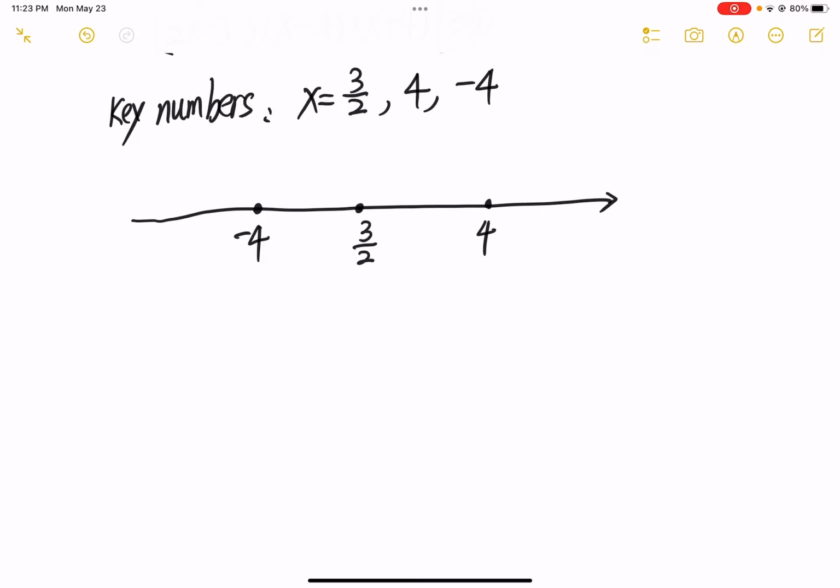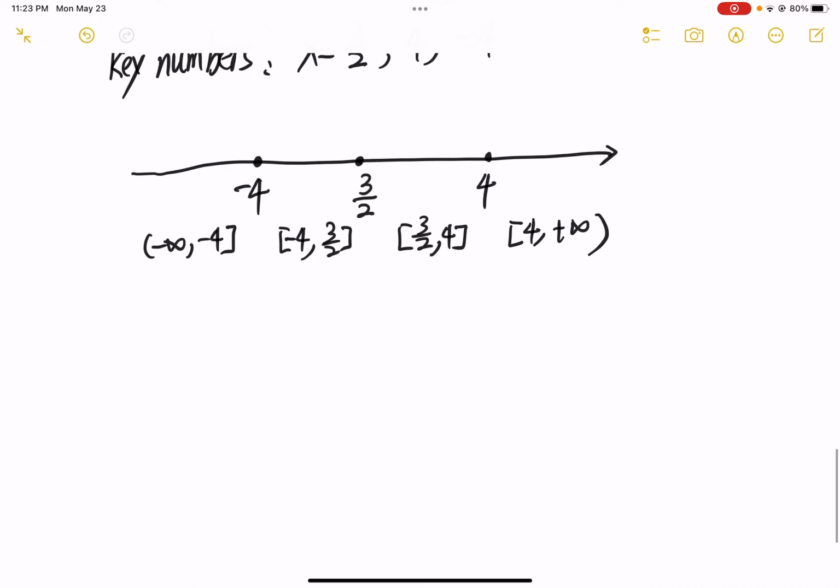Then we have different intervals: negative infinity to negative 4, negative 4 to 3 over 2, 3 over 2 to 4, and 4 to positive infinity, right? Then we need to test the sign on each test interval. On the interval from negative infinity to negative 4, we choose x to be, for example, negative 5.